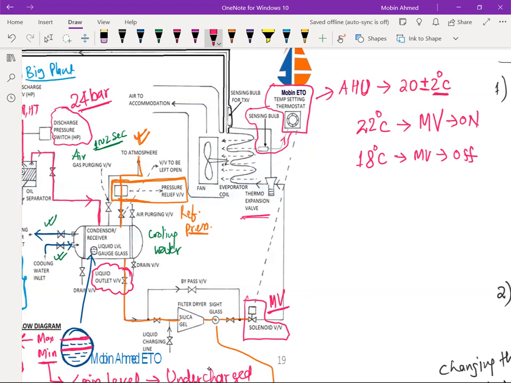Now, when the magnetic valve is on, at that time your LP pressure is going to increase. Remember, LP pressure will rise. If the LP pressure rises and reaches 4.5 bar, the compressor is going to be on.